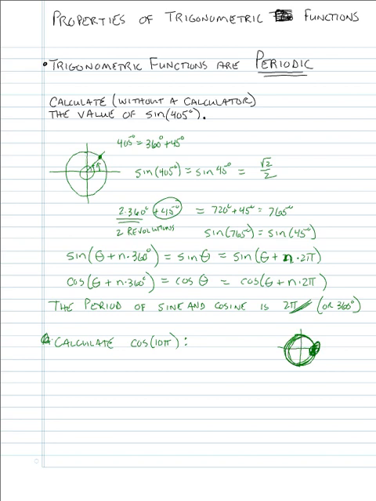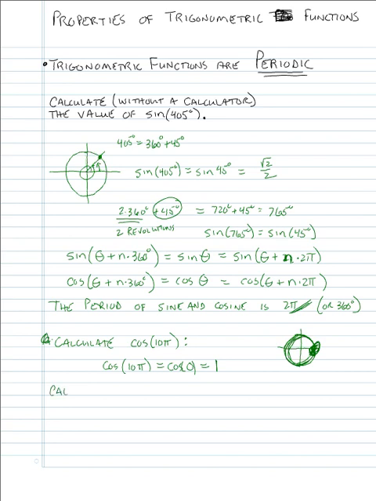And so the cosine of 10 pi is the same thing as the cosine of 2 pi or the cosine of 0 radians, which is 1. It's just a matter of where we're left.